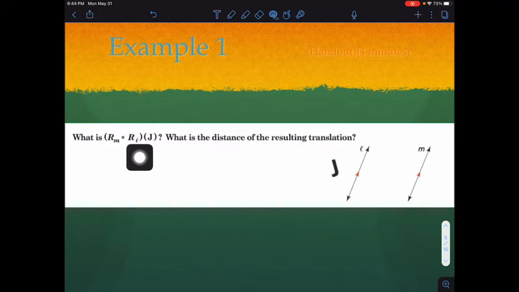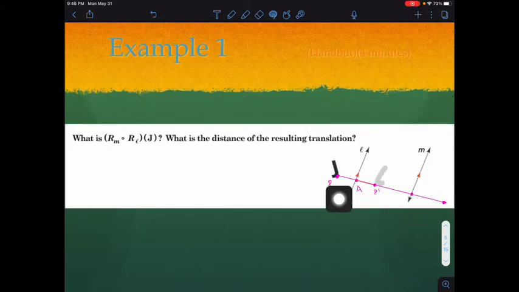To do this, we start with the inside transformation, which is the reflection of J over line L. We can start by labeling the letter J with a point that we can call point P. Then we mark a point A on line L so that segment PA is perpendicular to line L. Now we reflect the letter J over line L to get this backwards-looking J at point P prime, such that segment PA is congruent to segment P prime A. So these two distances will be equal.